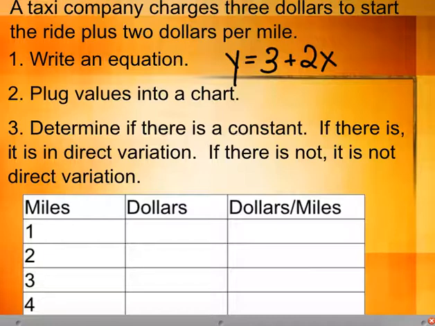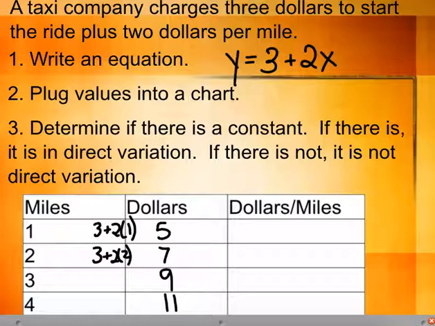So for 1 mile, I'm going to be doing 3 plus 2 times 1, which means I have 3 plus 2, which is $5. 2 miles, so 3 plus 2 times 2, so we have $7, $9, and $11.